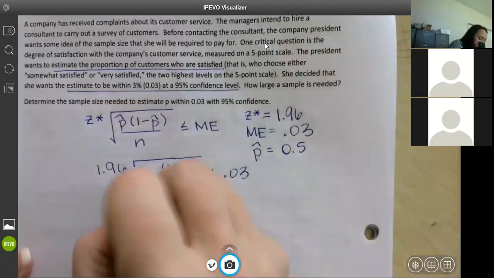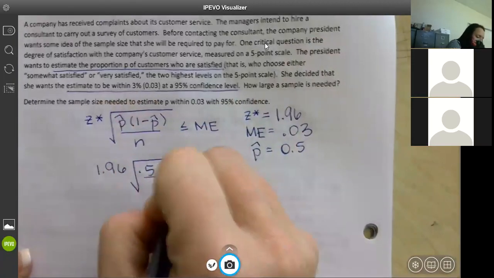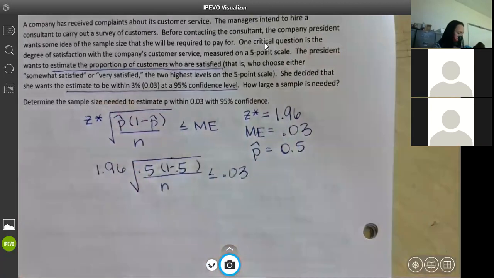I was looking at the 0.03 the whole time I'm writing. Very good. How do we solve this? It's an easy question. Divide by 1.96. You are correct.